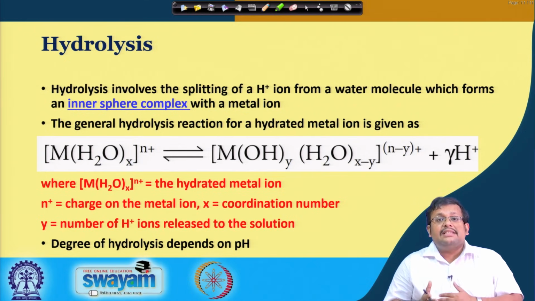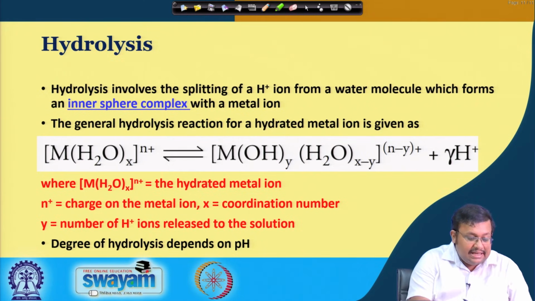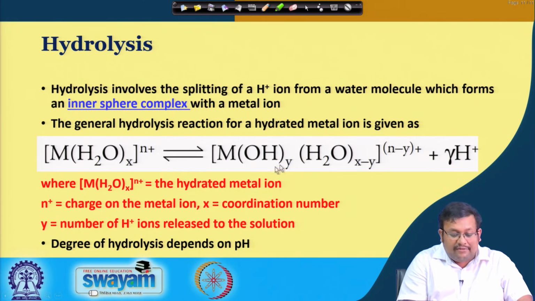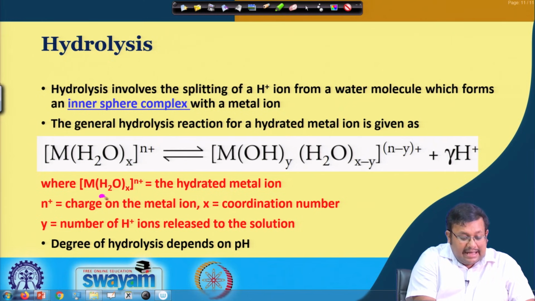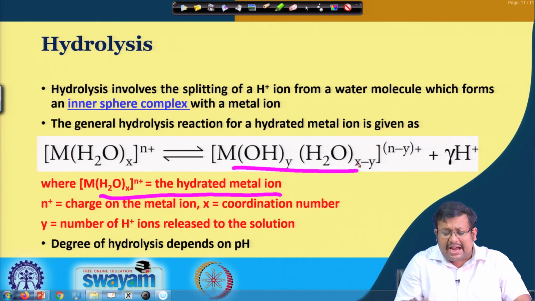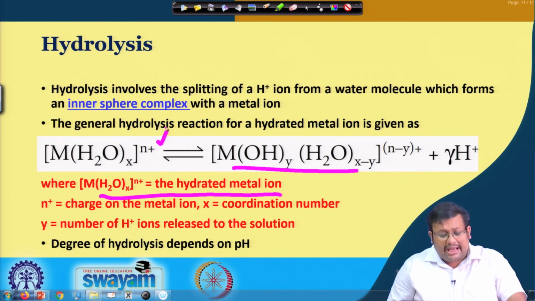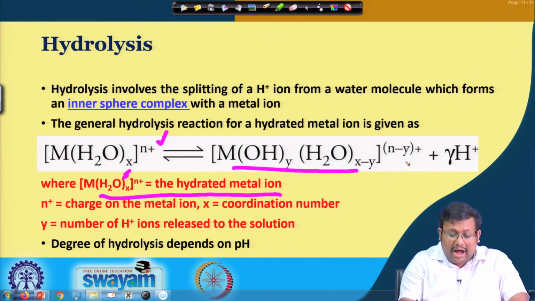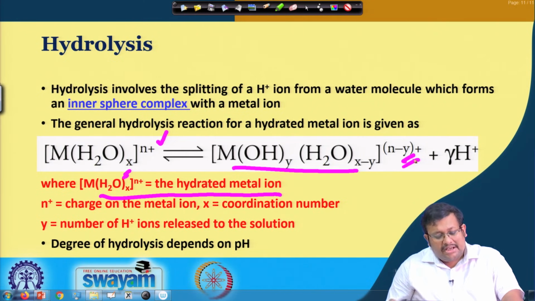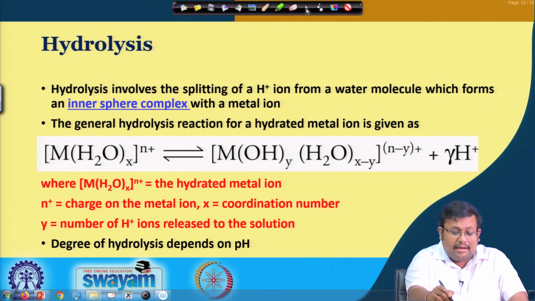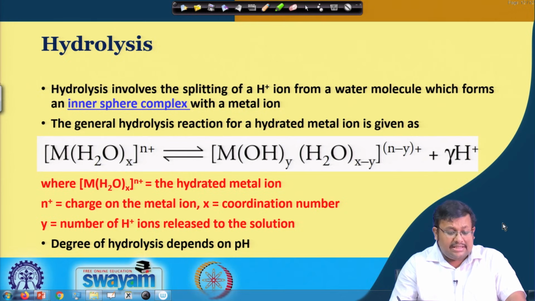So, the general hydrolysis reaction from a hydrated metal ion is given as M(H2O)x^n+, and from there we get these two species, where this is the hydrated metal ion, n is the charge on the metal ion, x is the coordination number, and y is the number of protons released into the solution, and this is the intensity factor.